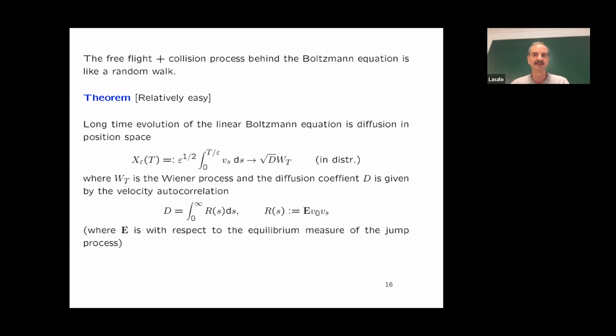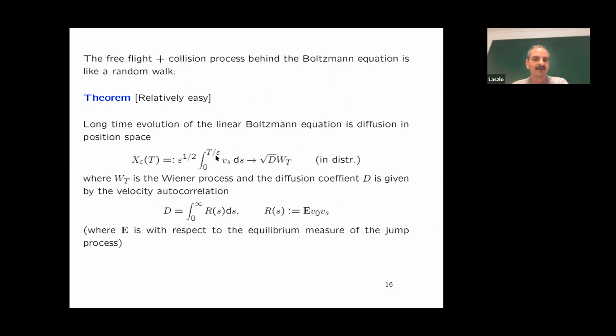And now we still need to see some diffusion. Eventually we want to see some diffusion coming up, but this is not very hard. Simply, a long time evolution of this Boltzmann equation is a diffusive equation. So it means that you look at the velocity process coming from the Boltzmann equation, and you integrate it up to a fairly long time.